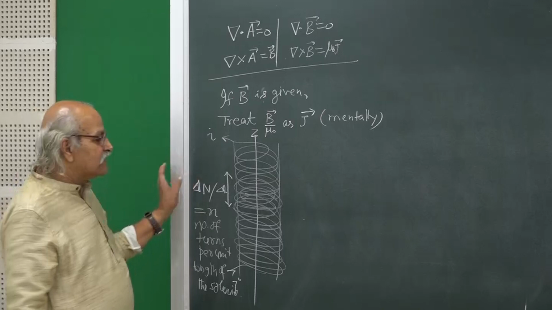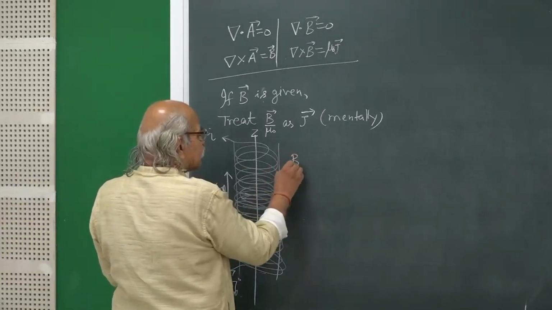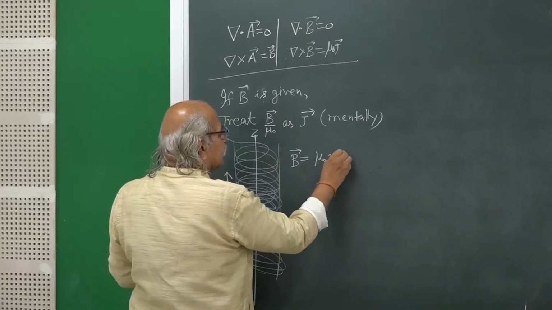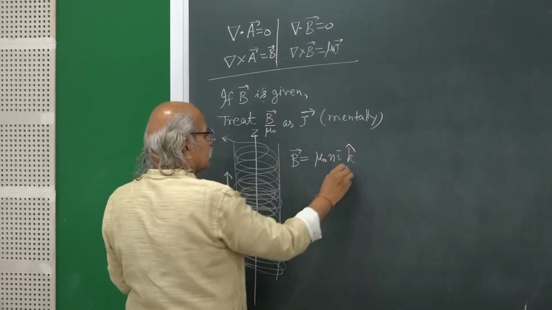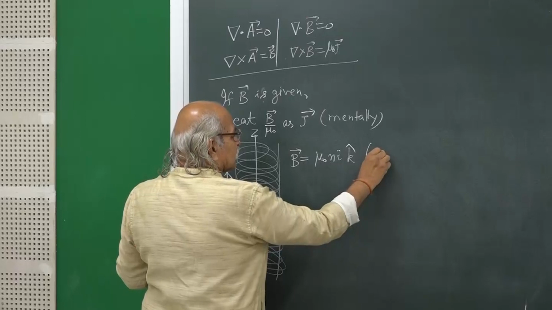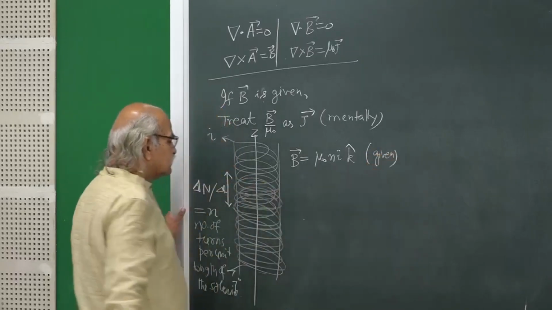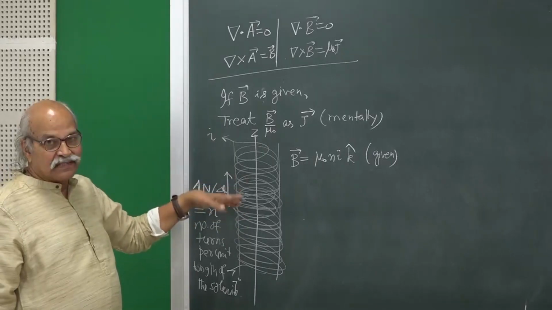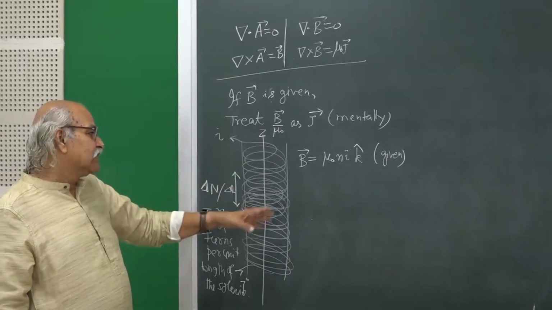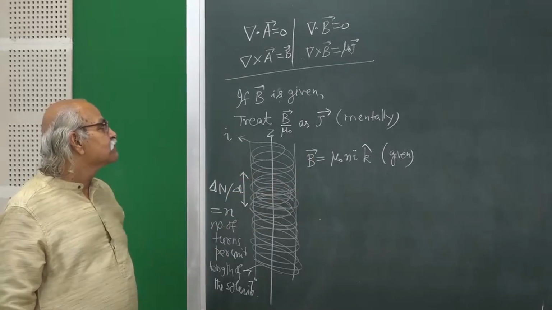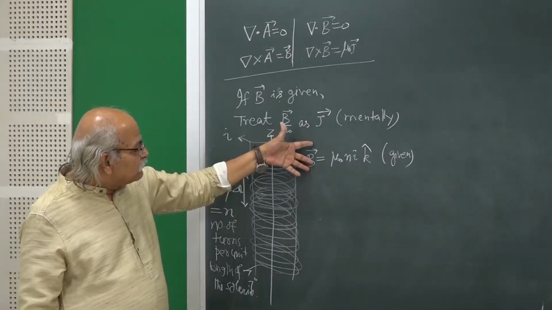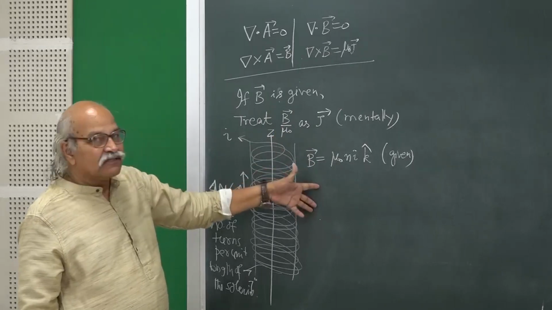The magnetic field here will be mu naught n I in k cap direction. Given means we know it: this much is the current and these many turns, and we know this is the magnetic field, and corresponding to this magnetic field we want the magnetic vector potential.